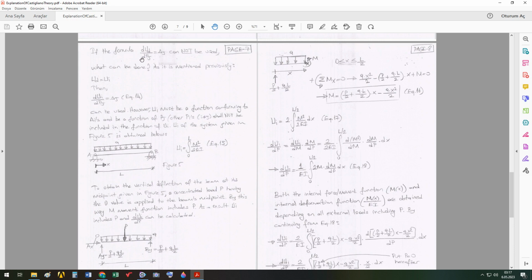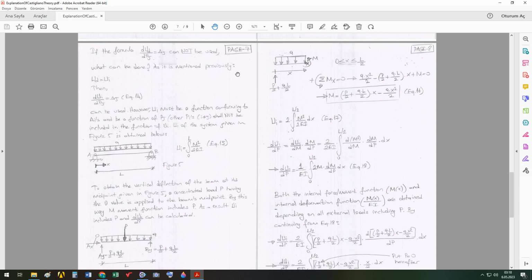In this formula of Castigliano theorem, this theorem cannot be used, because Ud shall be obtained depending on independent P's. There are deltas, displacements in Ud, but all those deltas are not independent from each other or from the P forces. In this way, it cannot be applied.